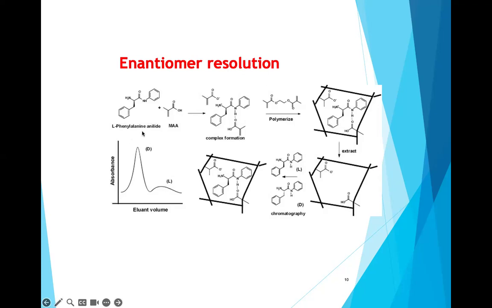I hope that you still remember the L. So if you design the polymer well, you can separate the correct enantiomers that you want to capture. So if we have L and D enantiomer, because you design it to catch the L, the D enantiomer should not be in the cavities. So this is the importance of imprinted polymer.